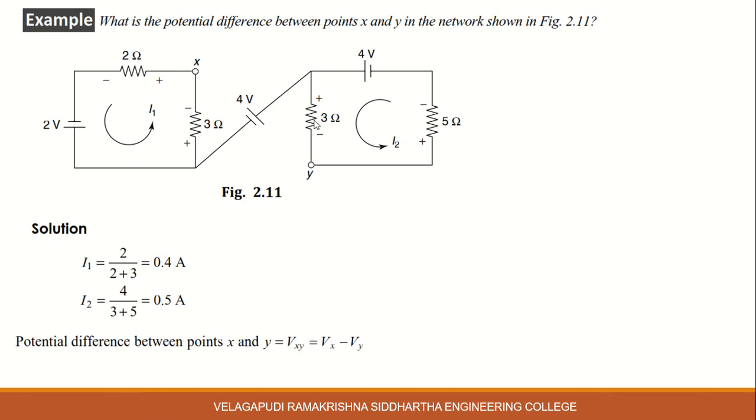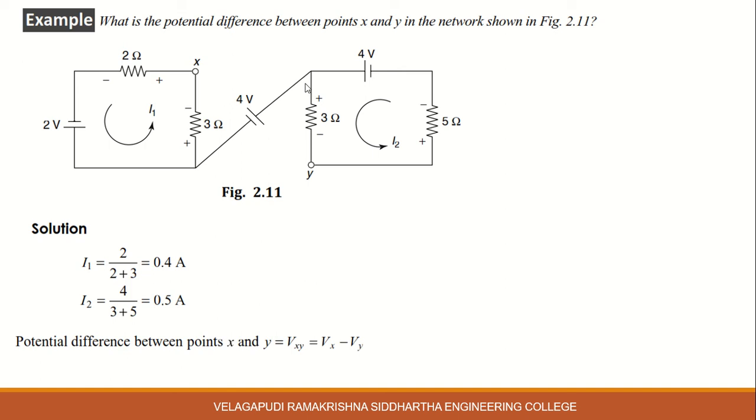Now the potential difference between X and Y, that is Vxy, is Vx minus Vy. If we observe this closed path and this closed path, current I2 flows through this 5 ohm resistor, and the same current I2 flows through this 3 ohm resistor.